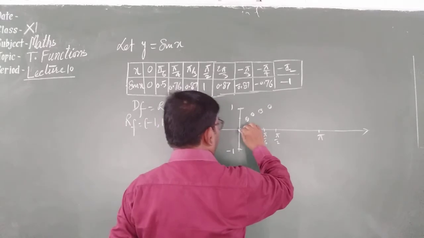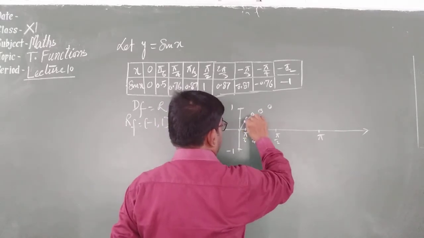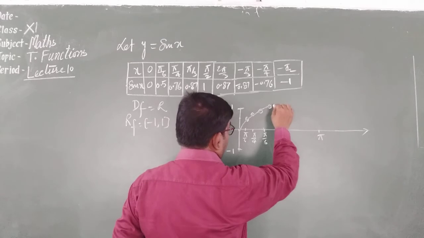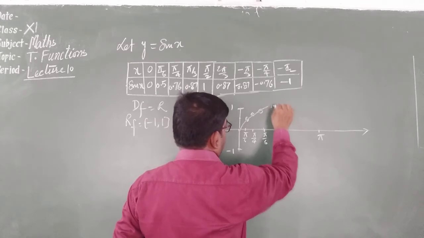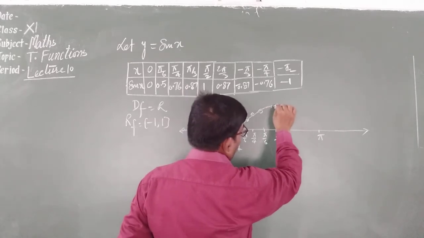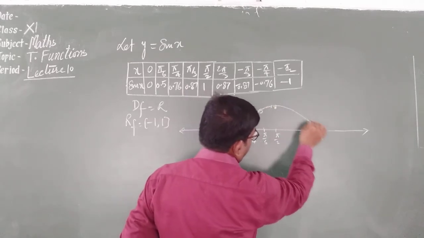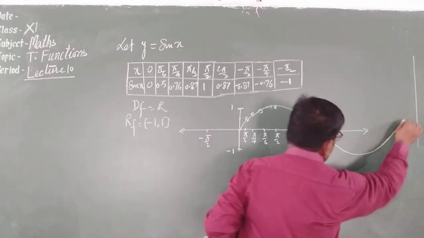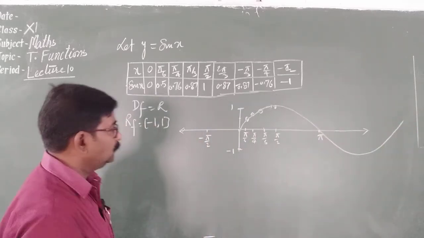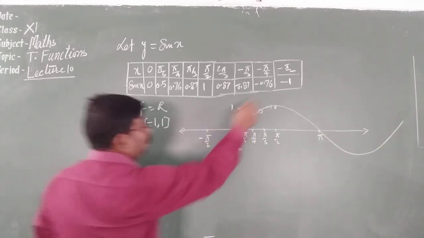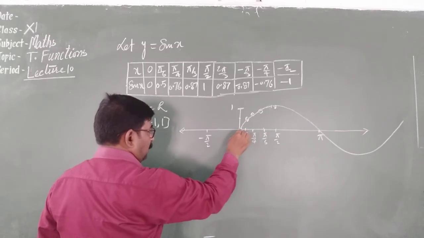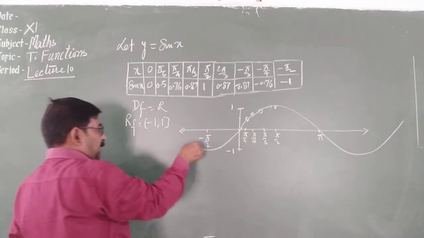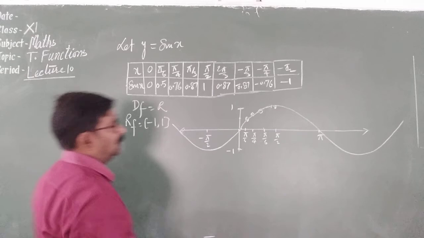So this graph will go like this, and see, at pi by 2 it is maximum 1, and after that it comes back like this, and it will go this side. Here at minus pi by 2, it is minus 1, so this will come to minus 1, and then this will pass like this.